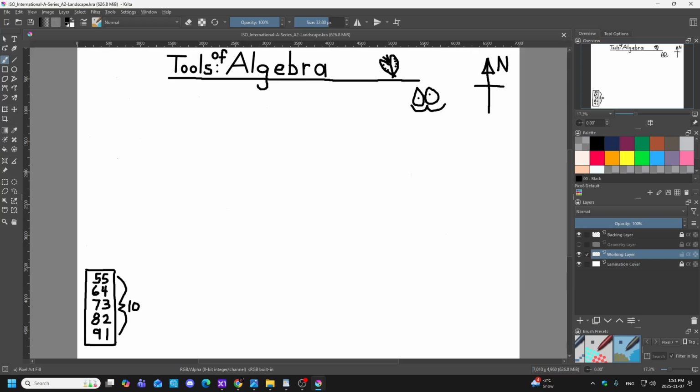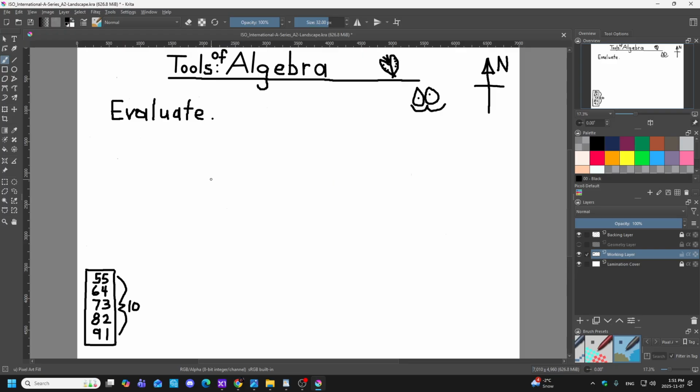Let us continue. Here we go. Evaluate. When you hear the word evaluate, what does that mean? To evaluate an expression means to find its value.